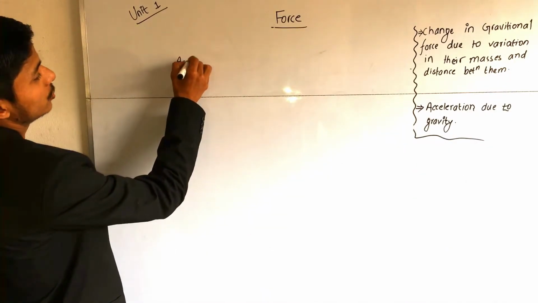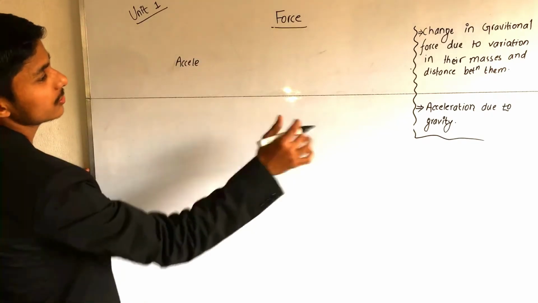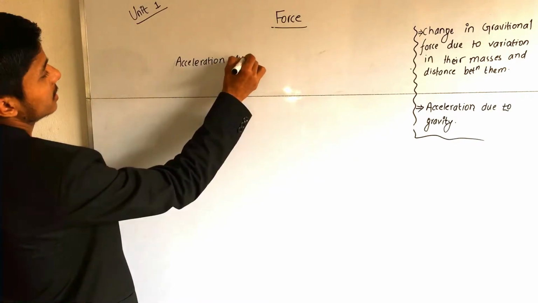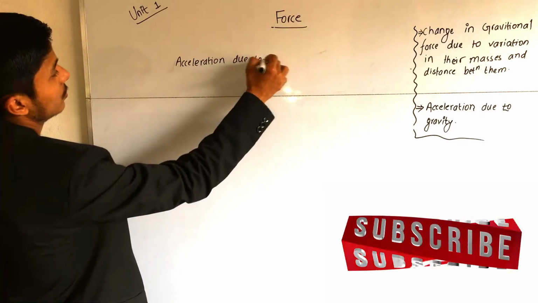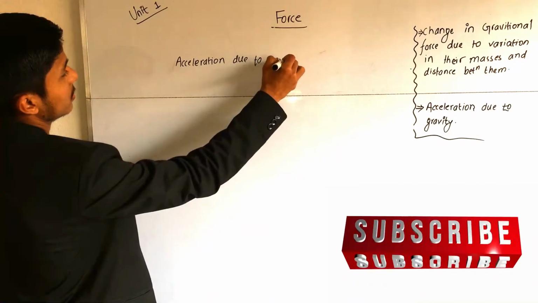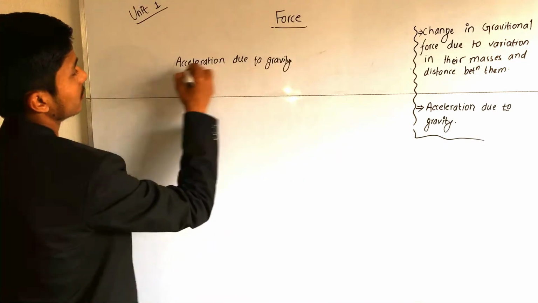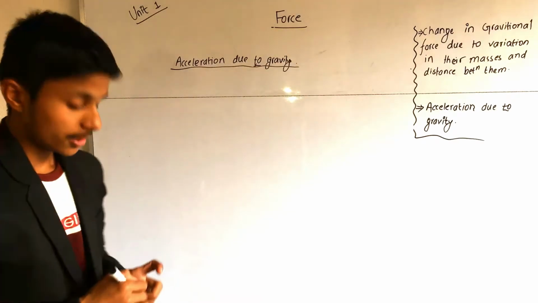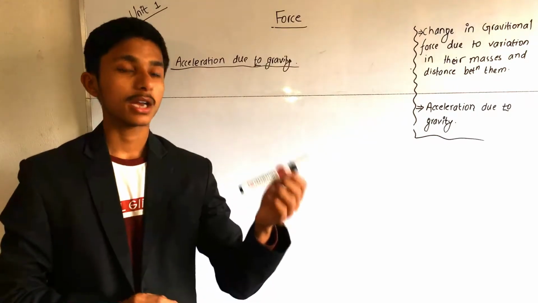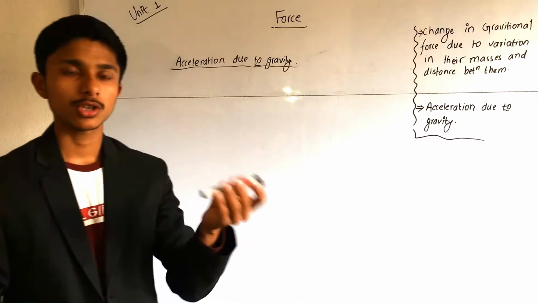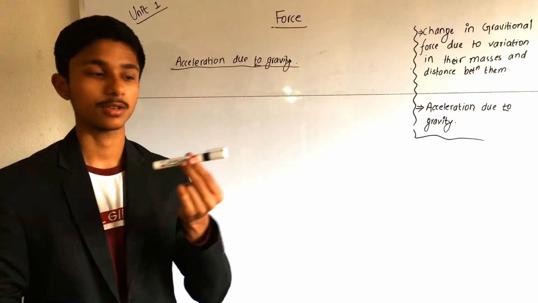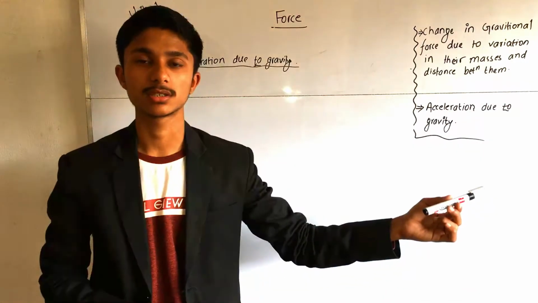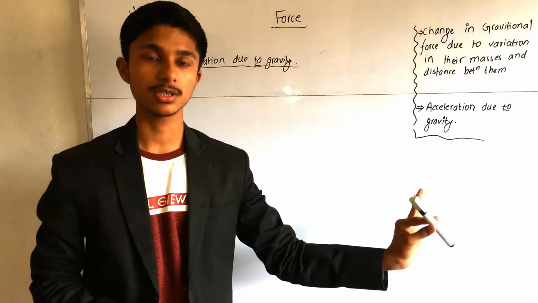Now we go to our next topic, that is acceleration due to gravity. Suppose this marker is moving with some velocity, and when I apply force here, then its velocity increases. That is, change in velocity takes place.